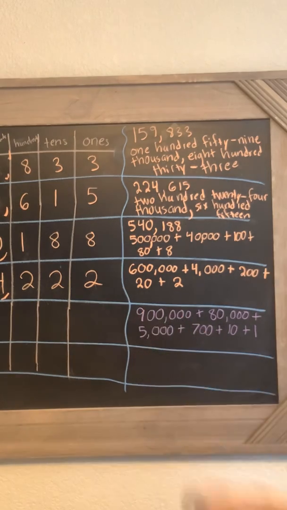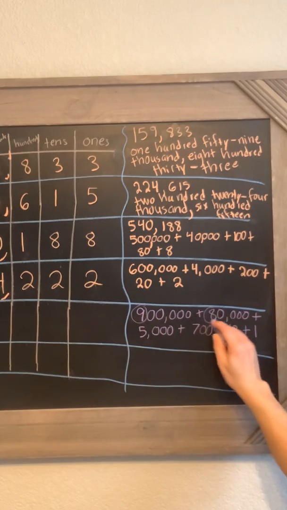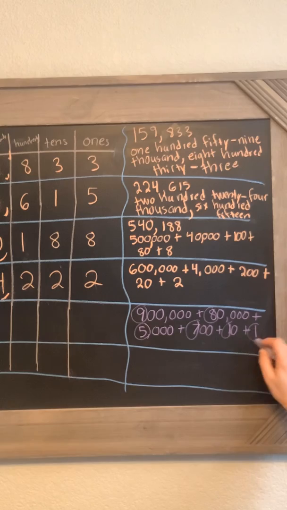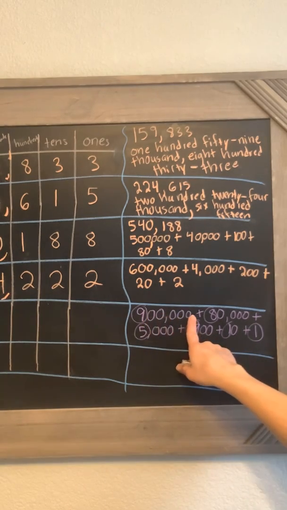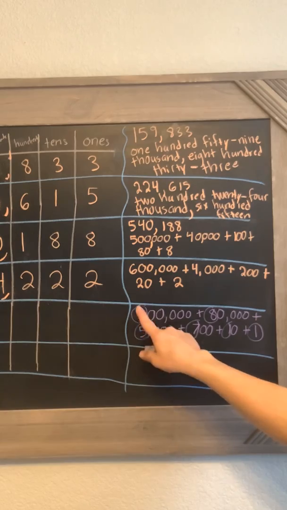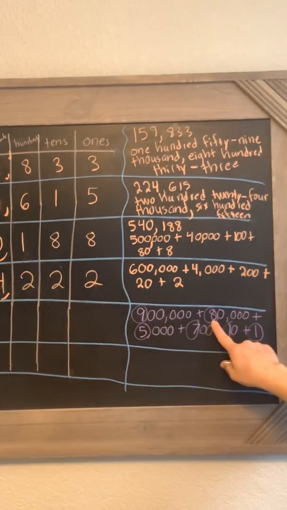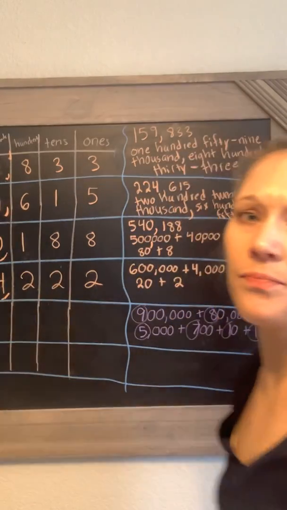So when I look at these digits, I know I have a 9, 8, 5, 7, 1, and a 1. So this 900,000, I know that this is going to have to go in my 100,000s place. And then I have an 8, and that's 80,000. So that's 8 10,000s right there. It has to go in my 10,000s place.